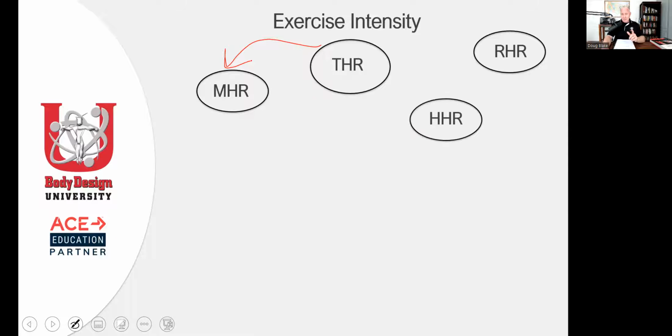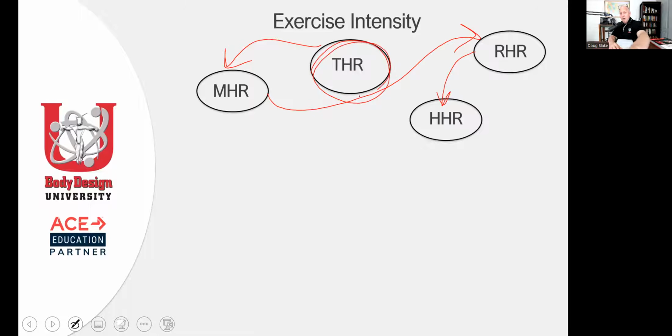Okay. Well, in order to do that, I'm going to have to know what their resting heart rate is. That was the heart rate reserve. I got to know, in order to know max heart rate, I also have to know what resting heart rate is. Not that I have to, but I want to know what resting heart rate is. Why? Because ultimately, I want to be able to determine what's known as heart rate reserve.